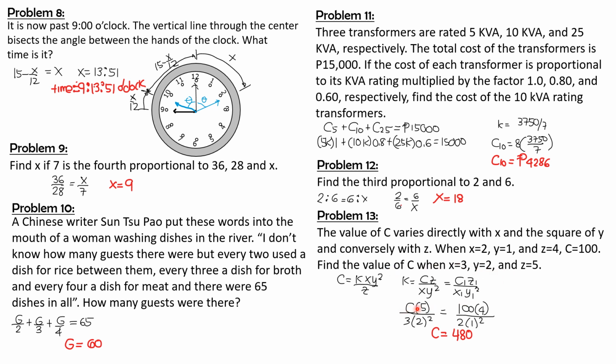C is unknown, z is 5, x is 3, y is 2, so 2 squared. The initial condition: c1 is 100, z1 is 4, x is 2, and y is 1, so 1 squared. Solving for c, c is 480.